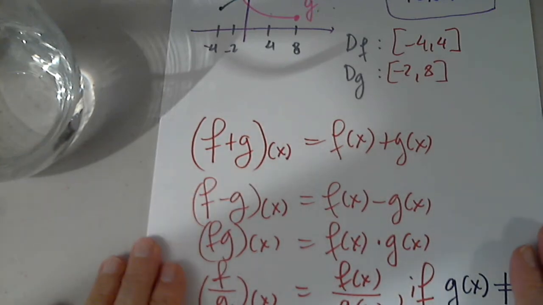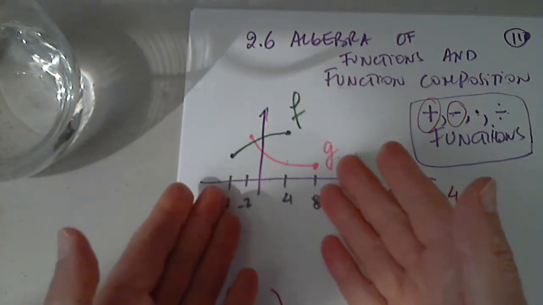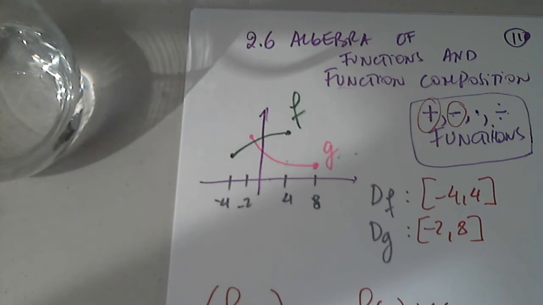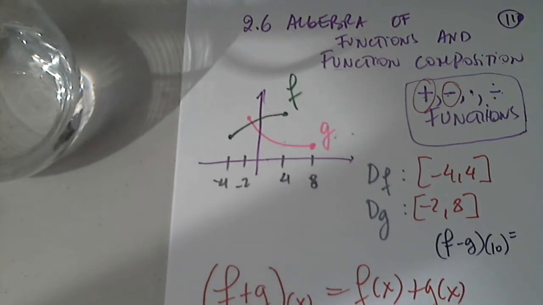So now you can say, what's all this? And how do you connect them? Very important. Let's suppose I have these two functions. I'm coming back to the graph, and I'm asking you to find f minus g of 10. You could say that's very easy.